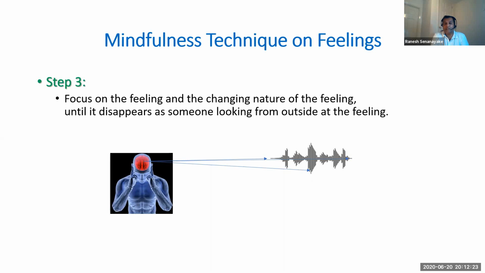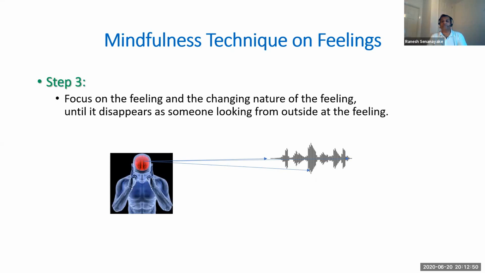Third step is you keep focusing on the feeling and know the changing nature of the feeling. So when you keep focusing on it, you see the feeling constantly changes. It gets less and less and weak, and then stops. So when it stops, then you think of another feeling in this exercise that I'm going to show you.